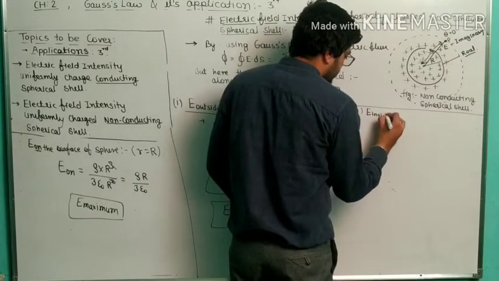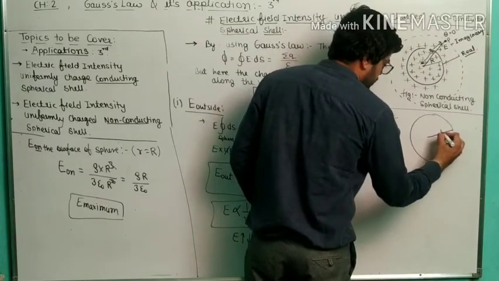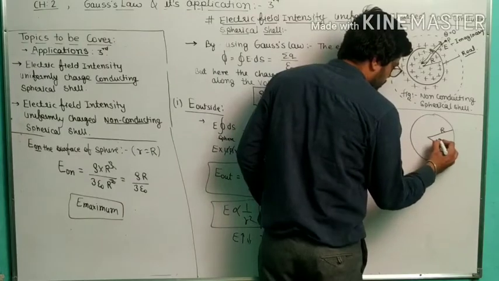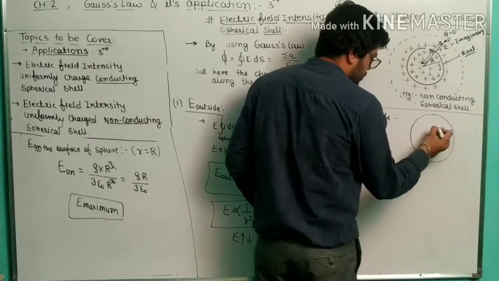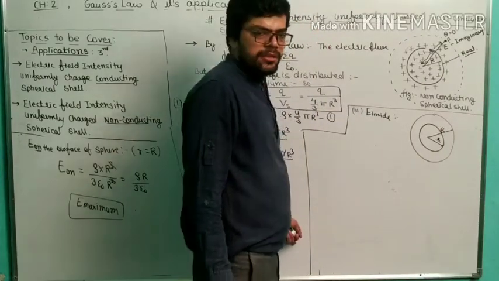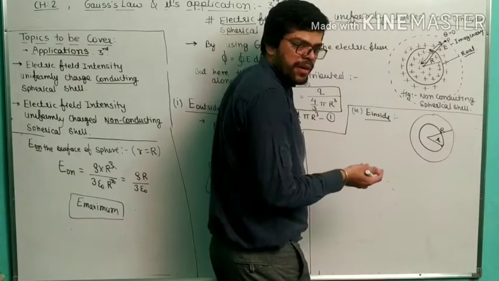E inside. See, in this case the diagram is different. This is your original sphere. Original sphere has radius capital R. Now this is small r. This is your imaginary sphere, because inside we have to find out what the electric field is.